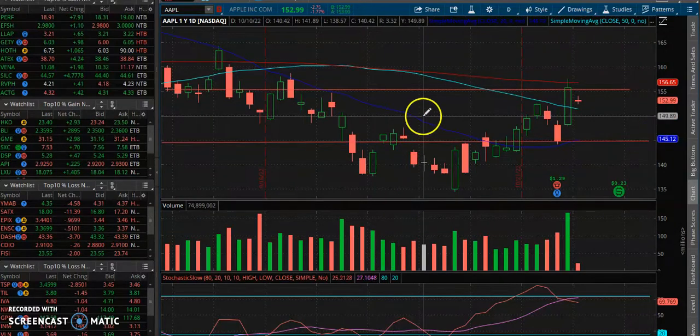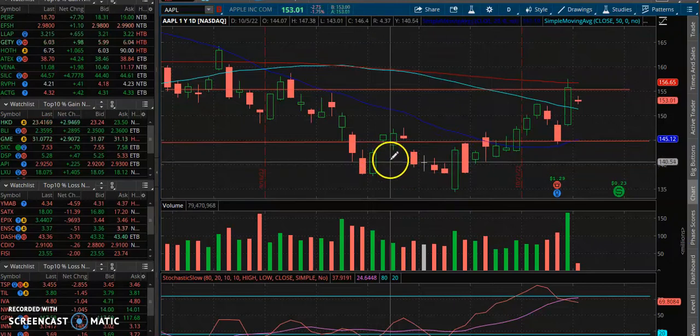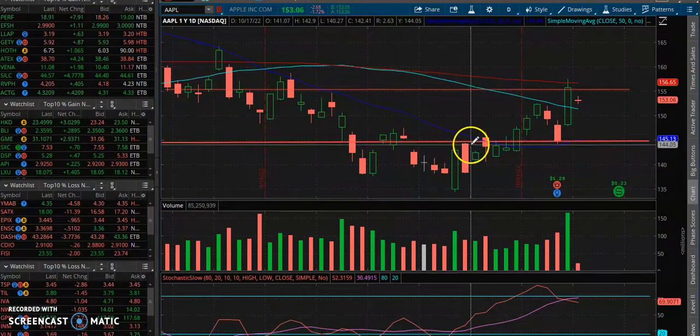Again, look how many times we try to break 145 to the top or to the bottom. 145, it hangs around here and goes to the bottom. 145 once.